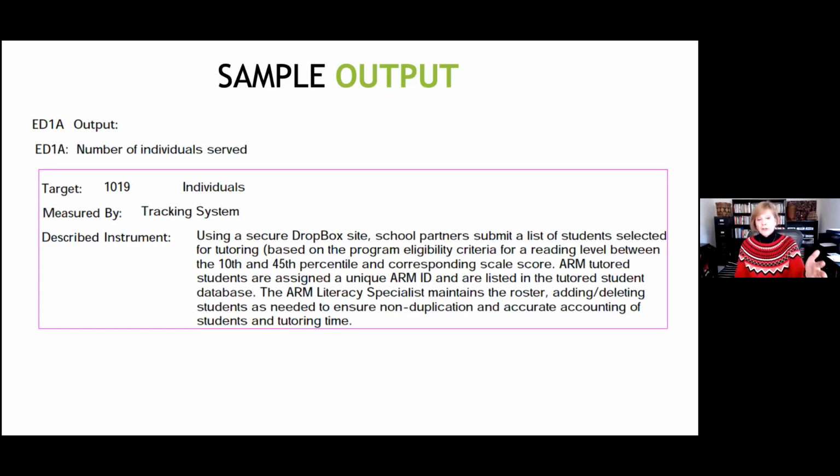Your system may track a bunch of other things. If it's based on program eligibility criteria, then you put that in, but don't put a whole lot of other stuff that a tool measures other than number of individuals served. And it's never a survey unless you're actually counting pieces of paper. It's got to be some other thing. It's usually a tracking system, a log, an attendance roster, something like that.